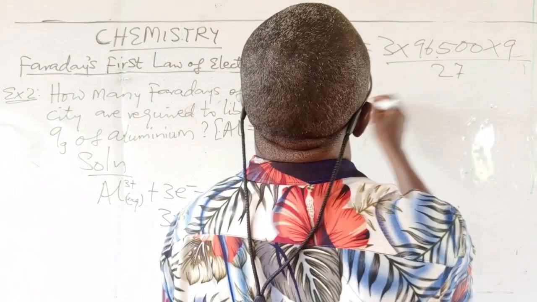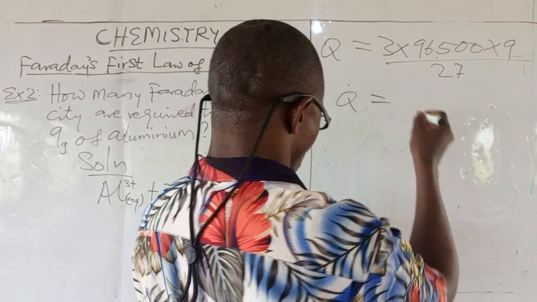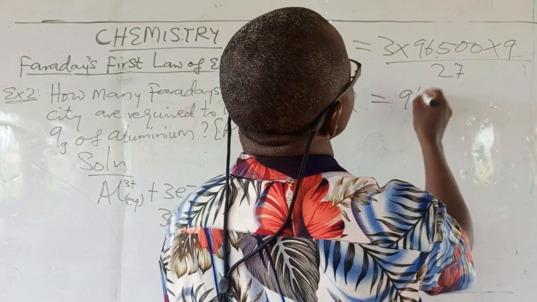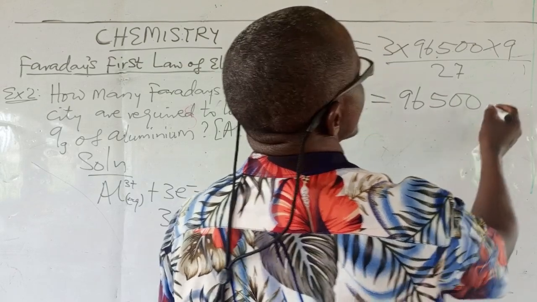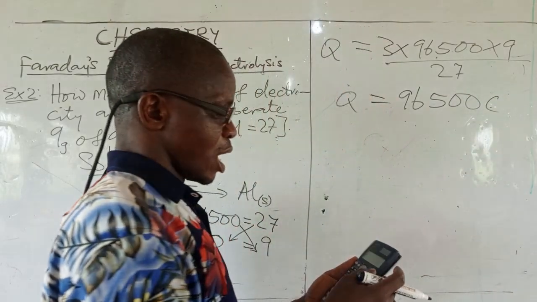I have my Q to be equal to 96500 coulomb. Work it out.